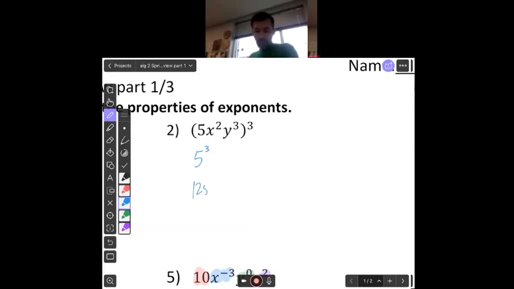And then since it's inside the parentheses, we're going to multiply the powers. And it's going to be x to the 6, and then y to the 9. Okay, cool. Yeah, it's 9, not a 6.